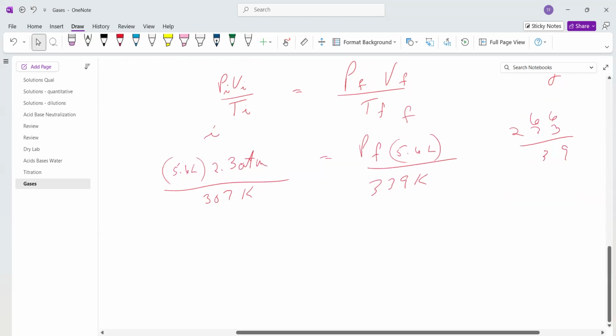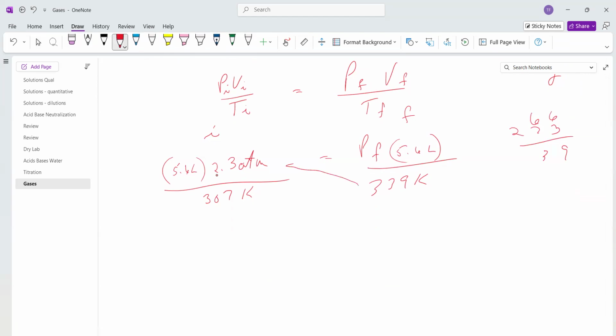Okay, so we're going to solve for P sub F. That means we cross multiply. 5.6 is on both sides, so we can cancel that.